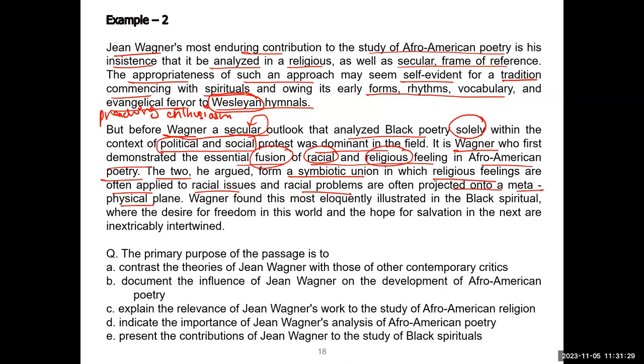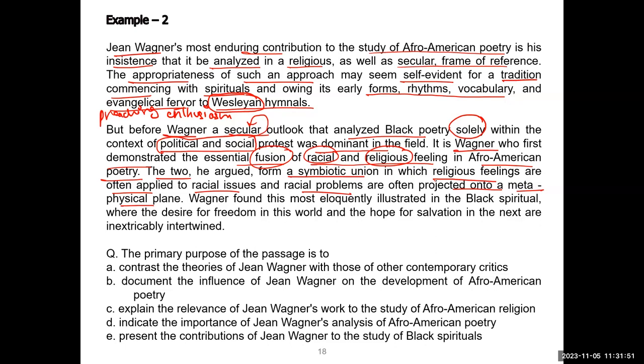Metaphysical means spiritual. A lot of religious feelings are applied to racial issues, and lots of racial problems are explained in terms of religion. So you see a union of secular and religious.